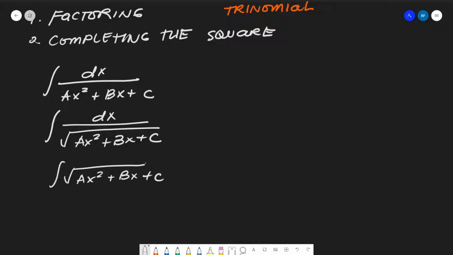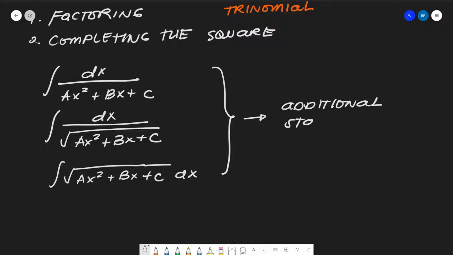So ito yung mga different forms natin ng integrands involving quadratic equation. Tapos all of this, ko-convert natin into additional standard formulas, yung nakaraang lesson natin.